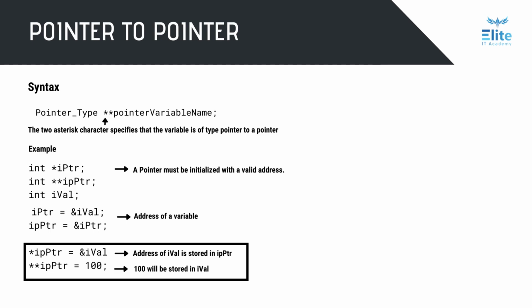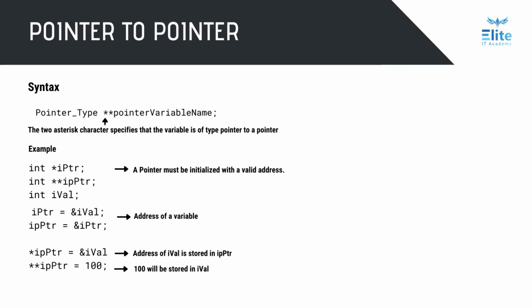So the first indirection returns the pointer, which is iPtr, and the second indirection returns the integer value pointed to by iPtr. Similarly, pointer arithmetic also works exactly as expected. Since it points to a 4-byte value, increment and decrement operators change the value by 4.